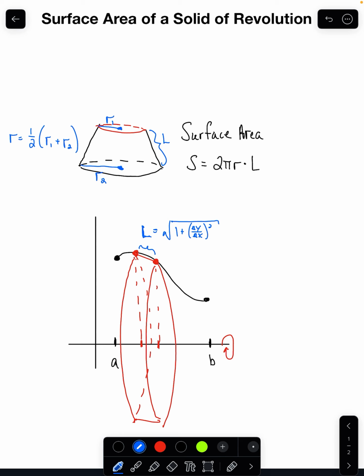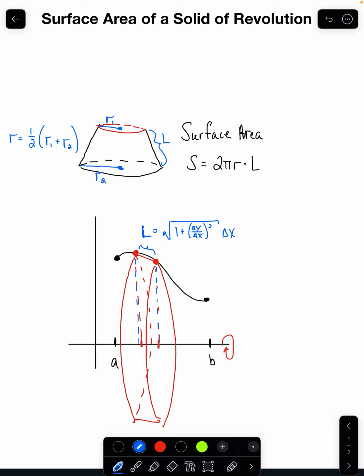Oh, excuse me, times delta x. This is our slant height. Our two radii then would be the height of the function at the right endpoint of the interval and the height of the function at the left point of the interval.